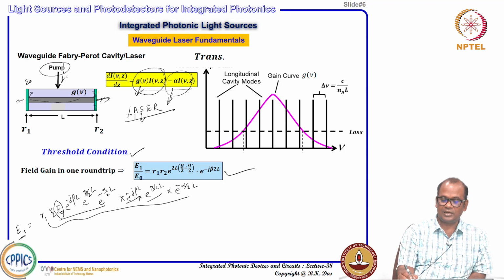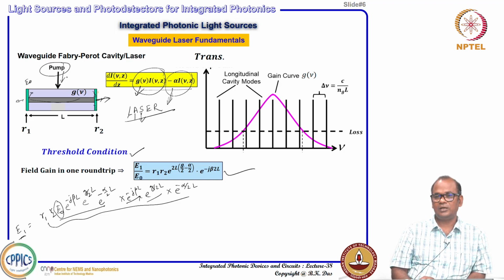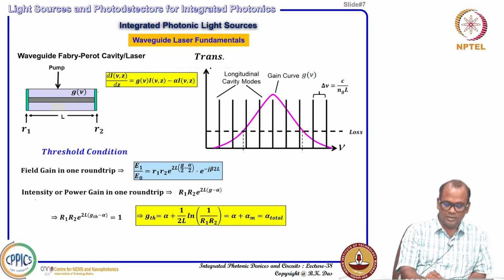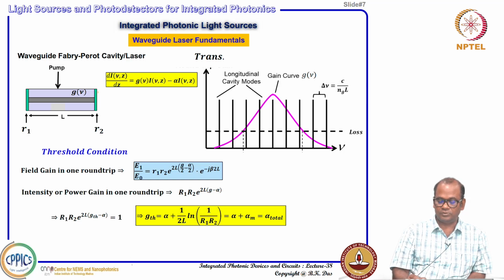Remember that G and alpha are the gain coefficient and loss coefficient for the intensity travelled through the waveguide. Right. Now, what you see is the intensity or power gain in one round trip. When I am talking about amplitude gain, that is E 1 by E naught, and the intensity gain will be E 1 E naught star, proportional to that.